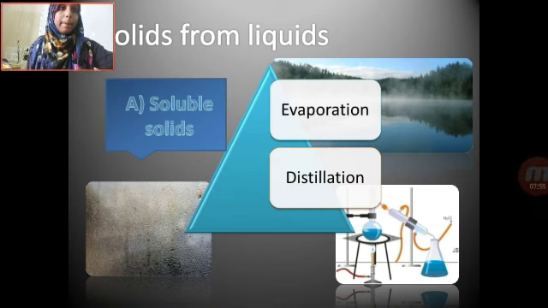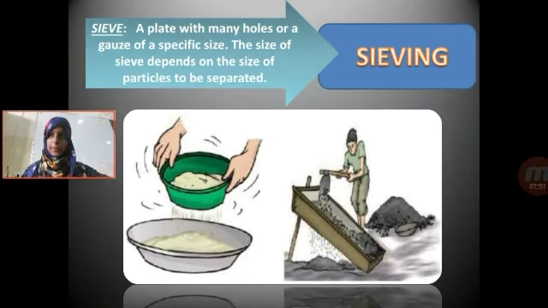The next method that we have is sieving. What is a sieve first of all? Sieving is a method used to separate mixtures with the help of a sieve. A sieve is a plate with many holes, or gauze, of a specific size. The size of a sieve depends on the size of the particles to be separated.